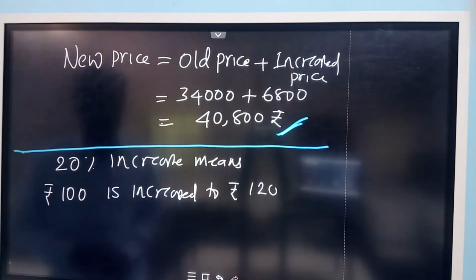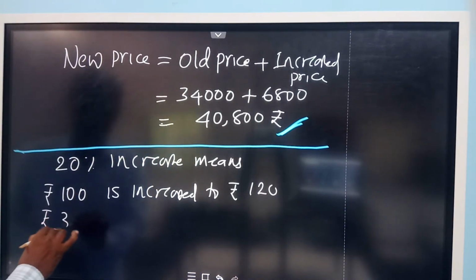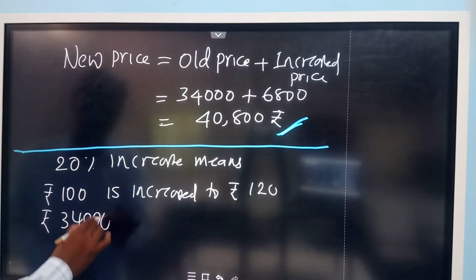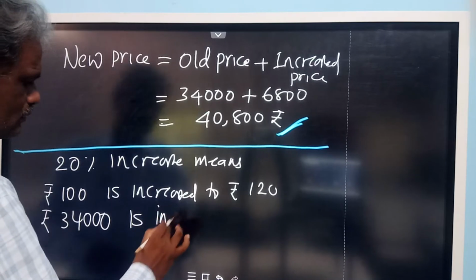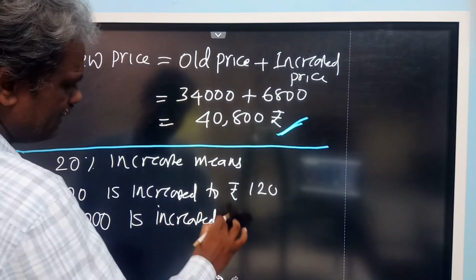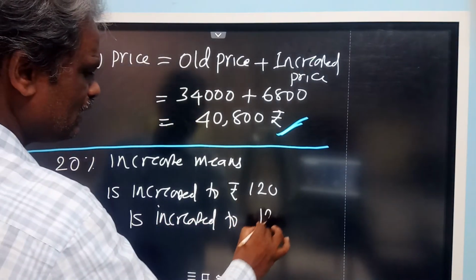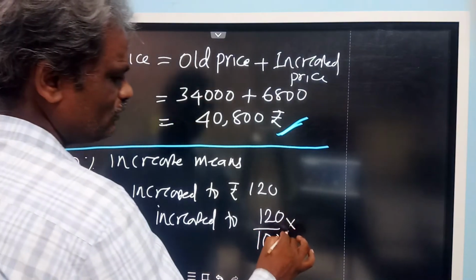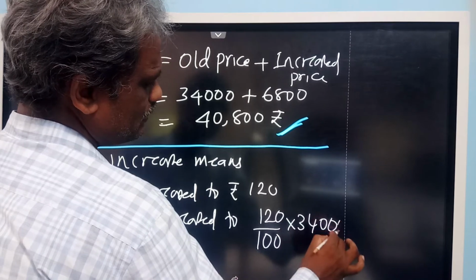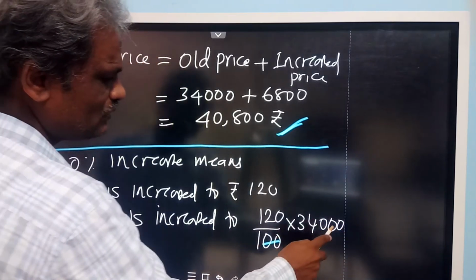But what is the cost price last year? For rupees 34,000, increased to 120 divided by 100 into 34,000. Now you can cancel these two zeros.